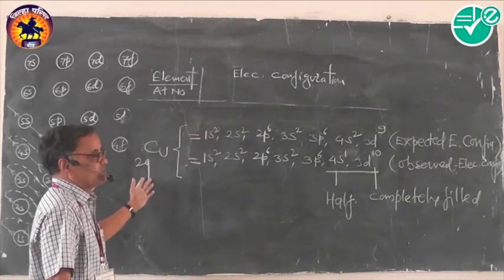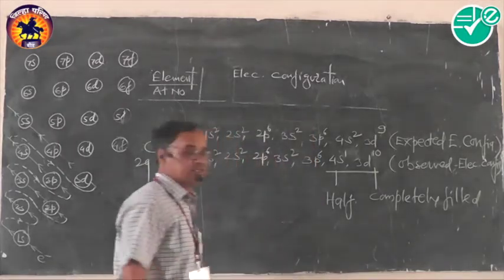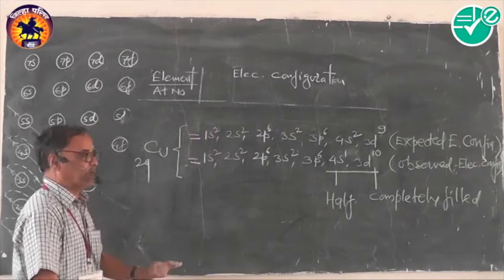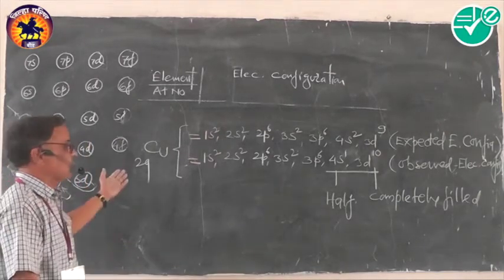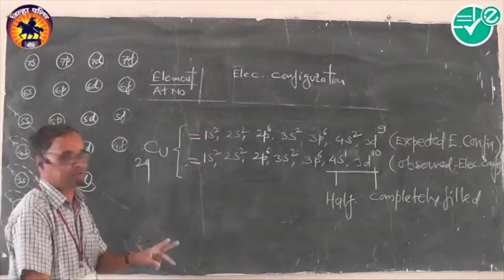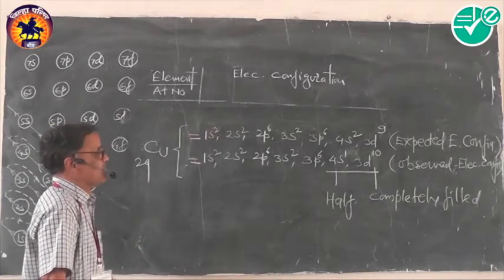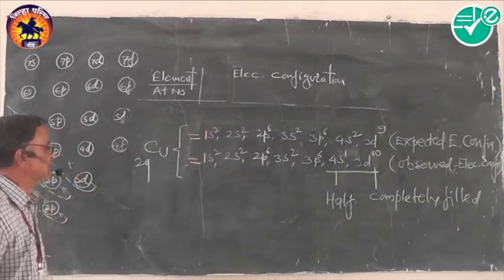Hence it is the most stable electronic configuration of copper. So in the first 30 elements, only chromium, atomic number 24, and copper, atomic number 29, show different, abnormal electronic configurations, expected and observed. So this is all about the electronic configuration of copper.